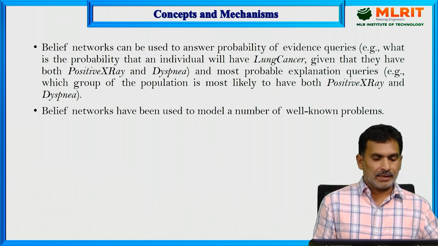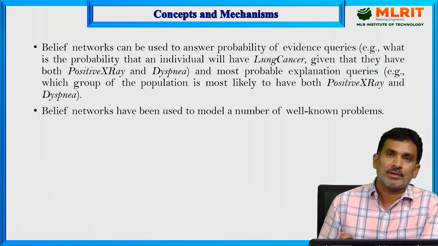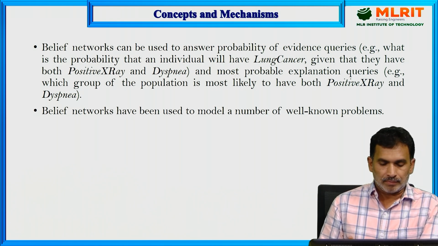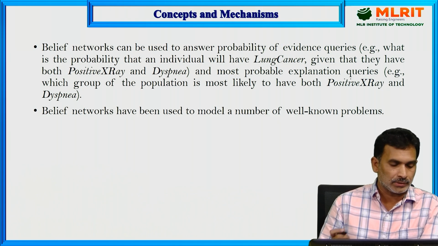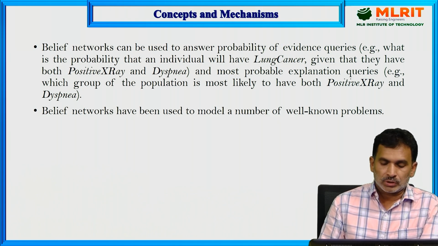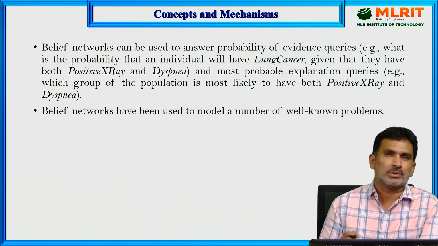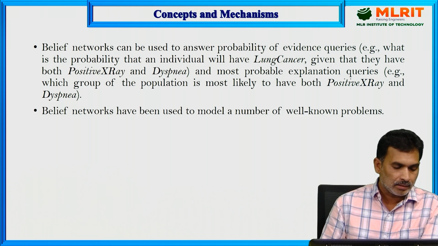So belief networks can be used to answer probability of evidence queries. For example, what is the probability that an individual will have lung cancer, given that they have both a positive X-ray and dyspnea? And most probable explanation queries, for example, which group of the population is most likely to have both a positive X-ray and dyspnea?